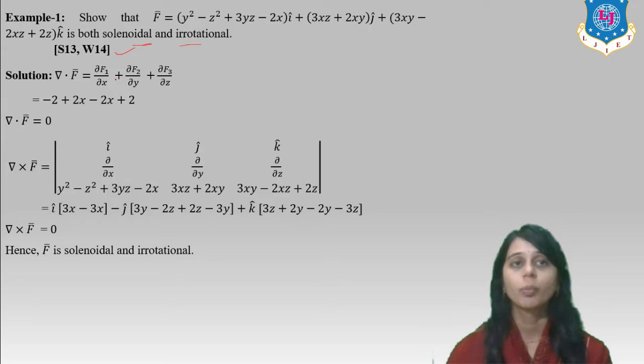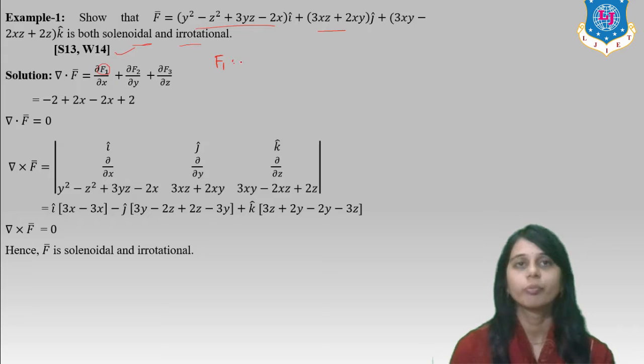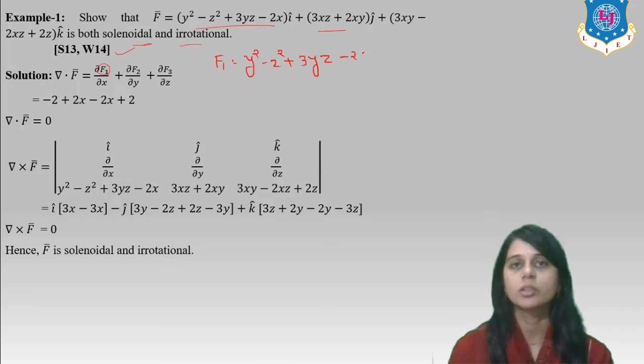Nabla dot f bar equals del f1 by del x plus del f2 by del y plus del f3 by del z. What is f1? f1 is y square minus z square plus 3yz minus 2x. What is del f1 by del x? It is minus 2.